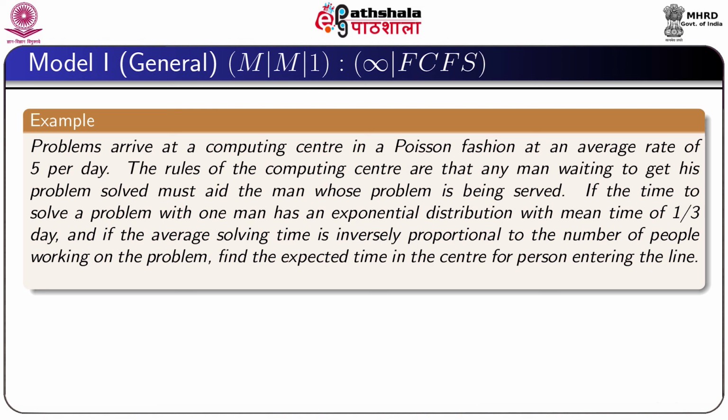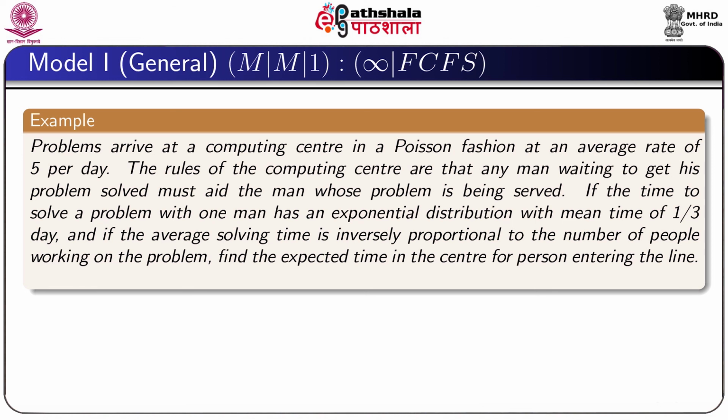Now, let us take an example and see how the results of this model can be applied to solve some queueing problem. Suppose that problems arrive at a computer center in a Poisson fashion at an average rate of 5 per day. The rules of the computing center are that any man waiting to get his problem solved must aid the man whose problem is being solved.